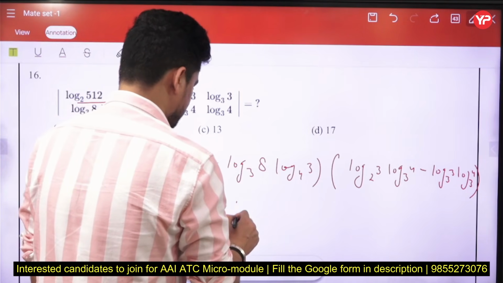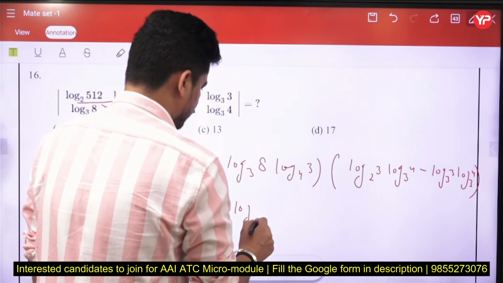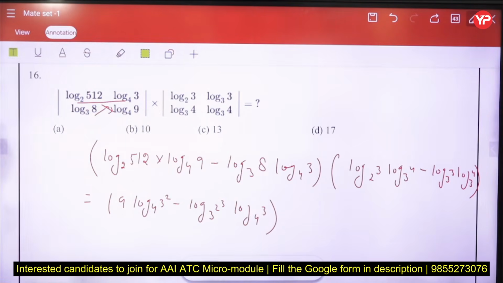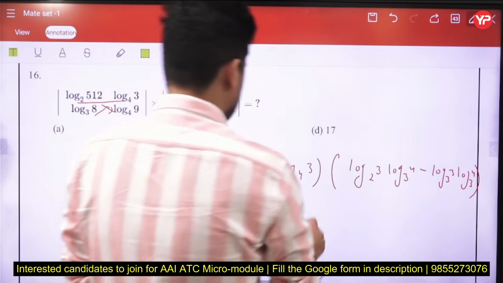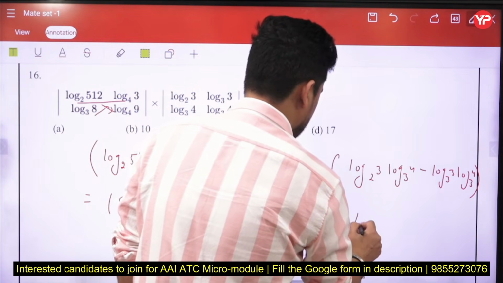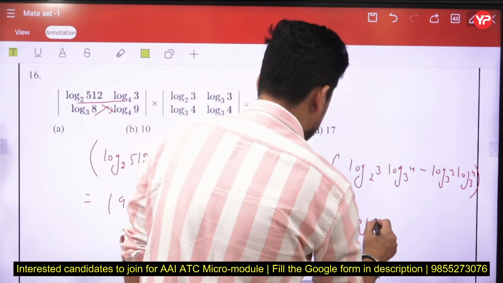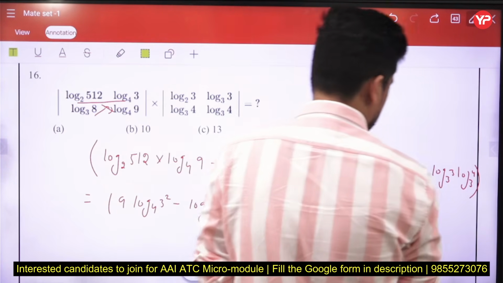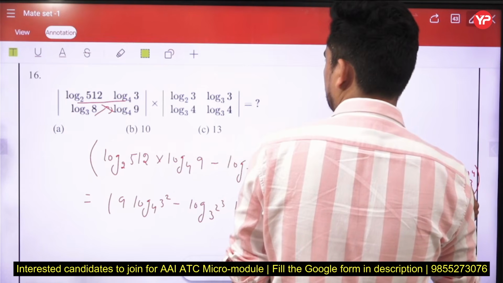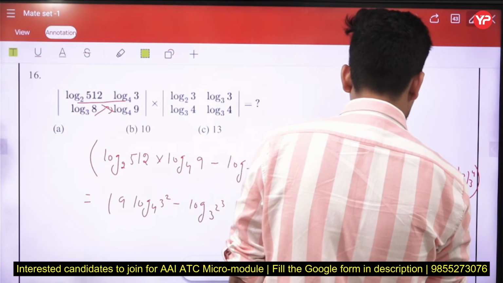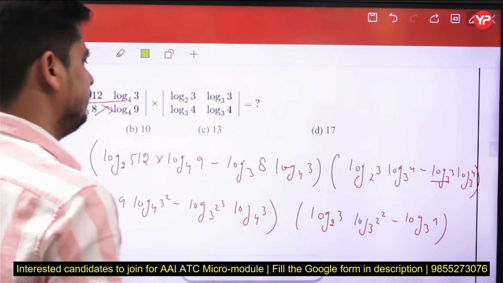And next value is log of 4 base 3. Right. Similarly, we can go for the next one, that is written as log of 2 base 3 and log of 3 base 2 to the power 2. Next value is log of 3 base 3, that is 1, and minus log of 3 base 4. Check it.